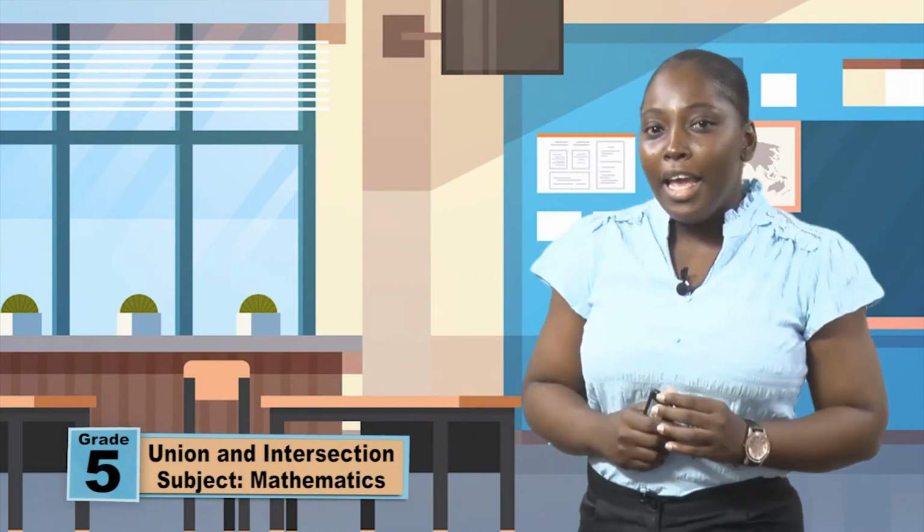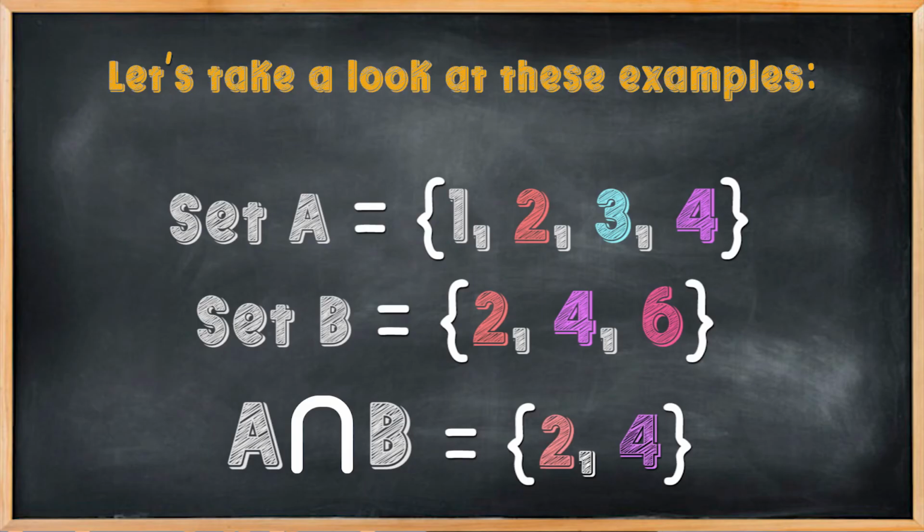Now, A intersect B equals 2, 4. So 2 and 4 are the members that are the same in set A as well as in set B.